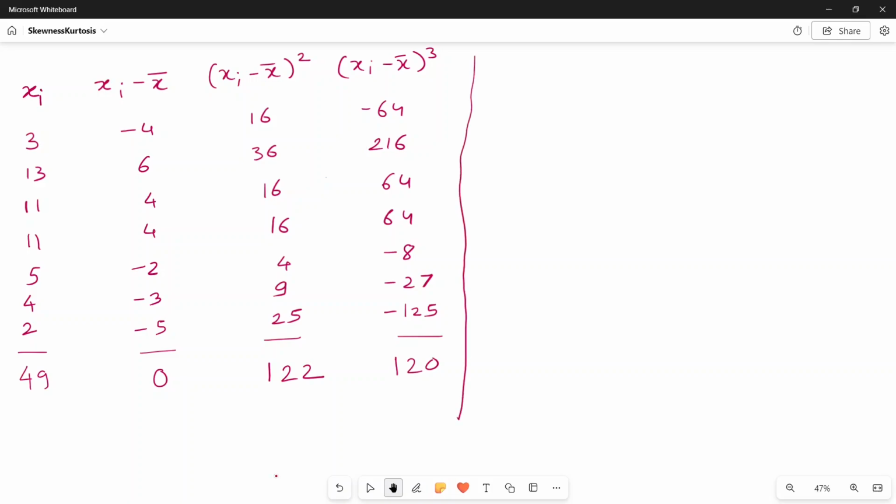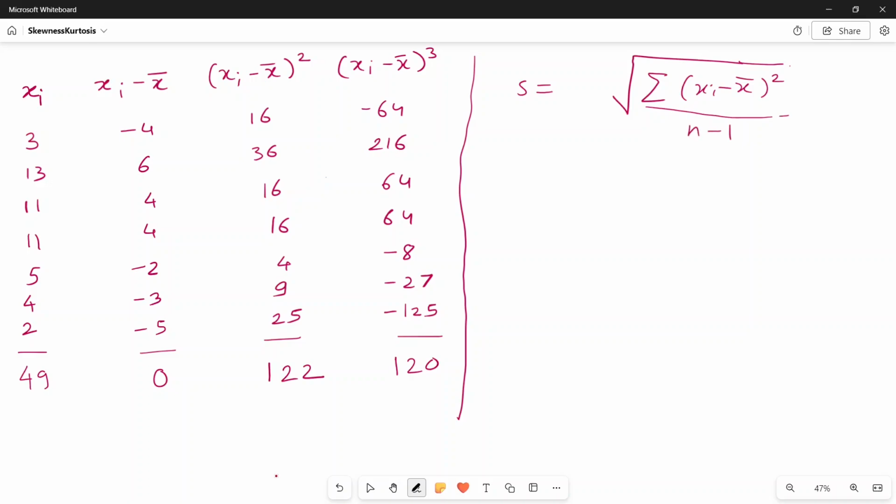Okay, so S will be equal to square root of summation xi minus x bar square, divided by n minus 1.